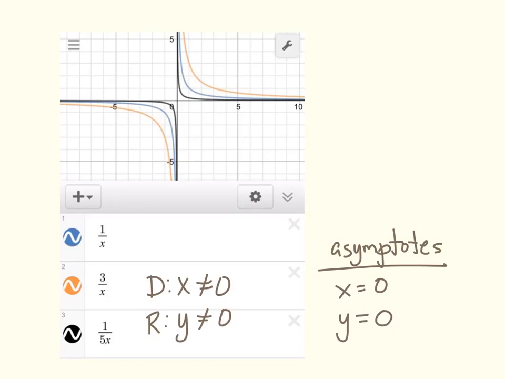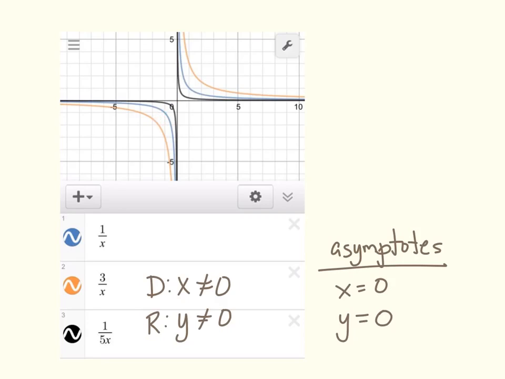Now for changing the numbers, multiplying and dividing, I guess, if you will. Again, the blue 1 over x is our parent function, and when we multiply by a number larger than 1, this point gets further and further away from your center point.